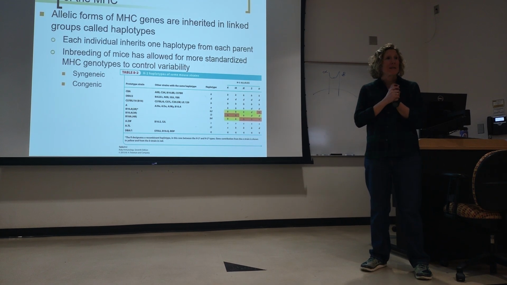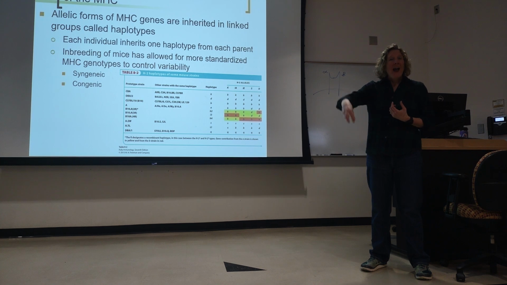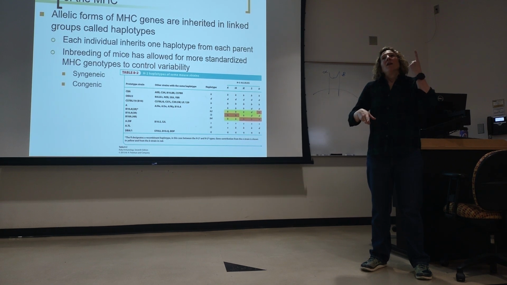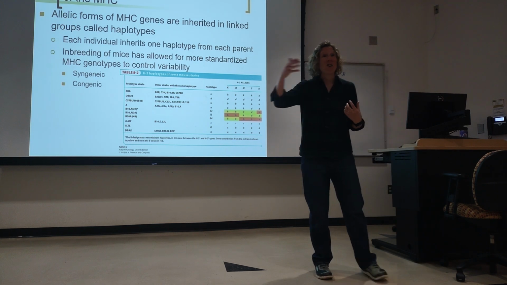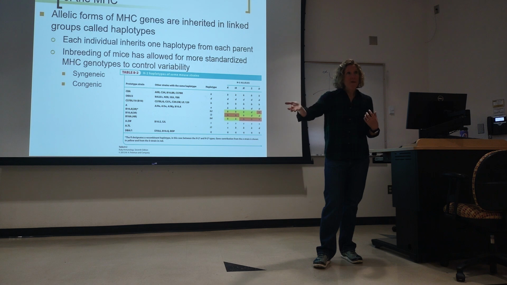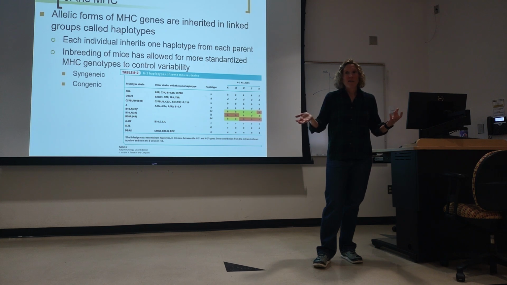If you take a mouse and back cross it, crossbreed it, doing mother-son, father-daughter back crosses in the same line, and you do that for 10 generations, the progeny you get out are genetically identical at their immunological alleles at least, actually at most of their alleles.